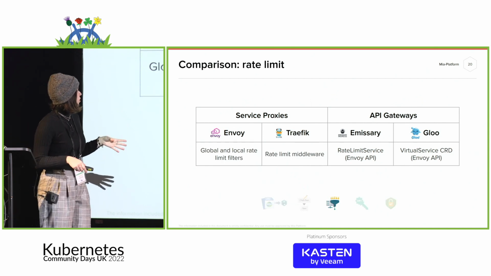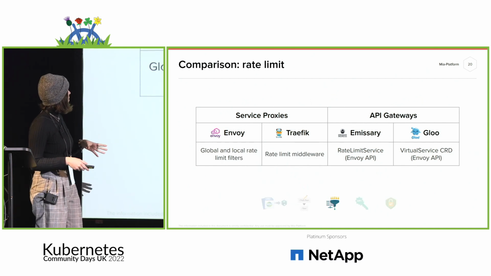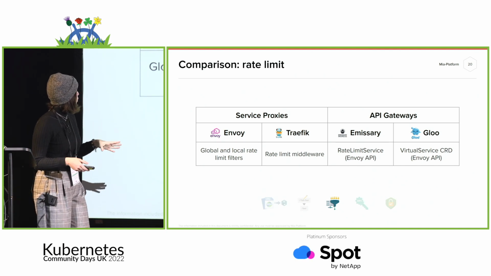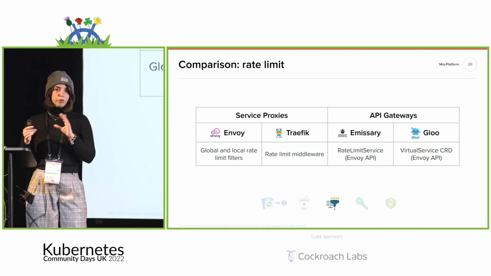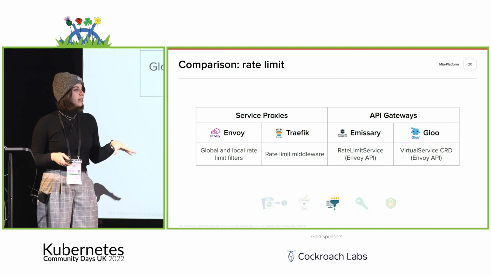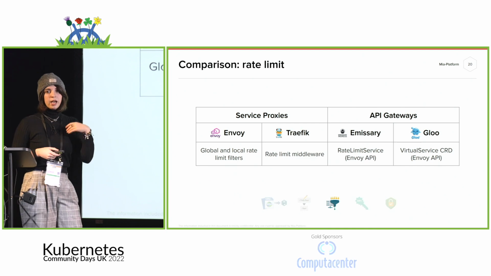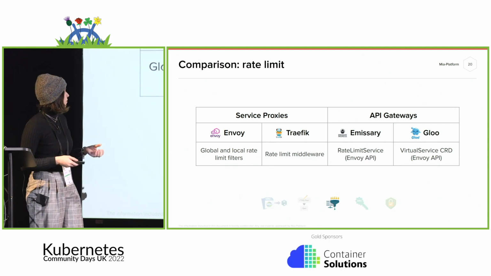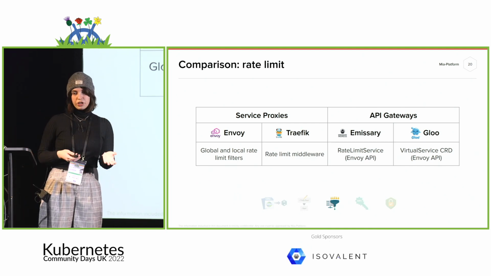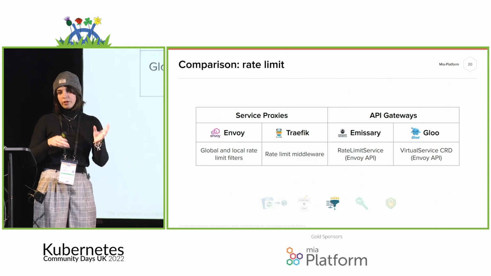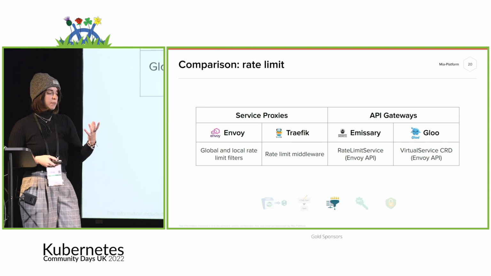The implementation is pretty similar in both the proxies and API gateways. Envoy offers the possibility to implement both global and local rate limiting. The global rate limit allows us to use an external rate limit service from which we get all the configuration, like, for example, as I said before, the number of requests per time unit on a specific key.